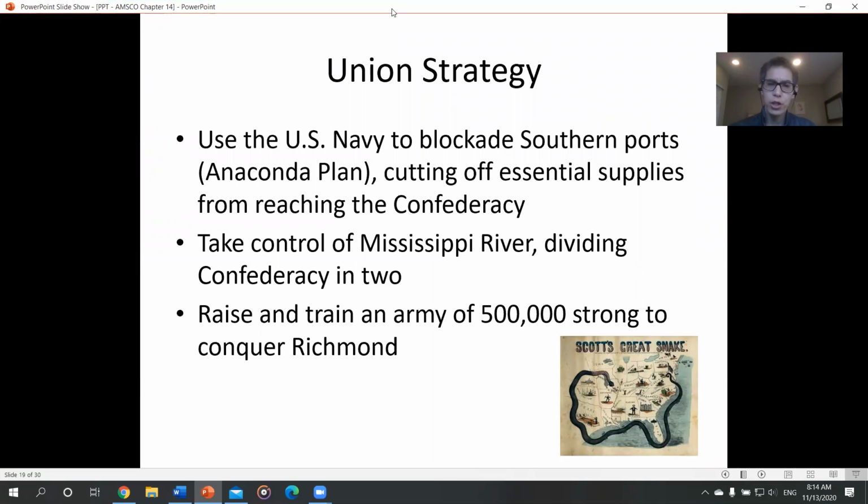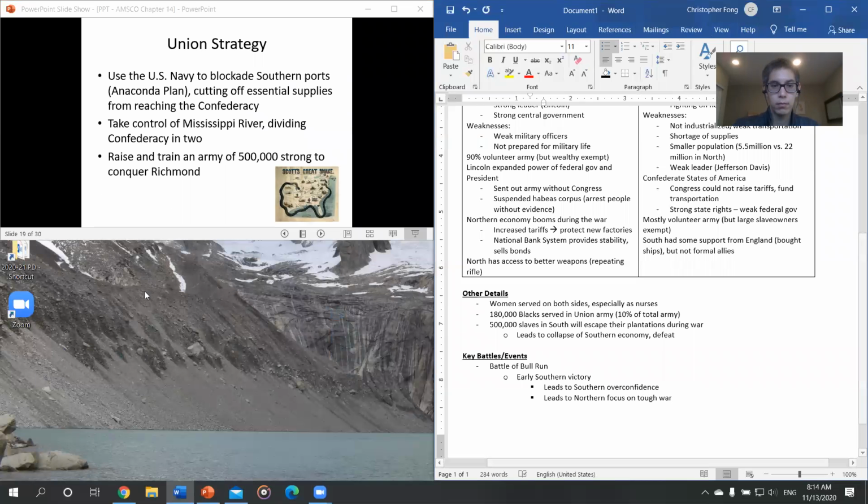Now, the Union strategy, as we talked about when we looked at the map, was to use the US Navy to blockade Southern ports to prevent supplies from getting to the South. The Union strategy was also to control that Mississippi River, at least as much of the Mississippi River as they could, to kind of cut the Confederacy into two. And then they raised an army of 500,000 to send to the capital.